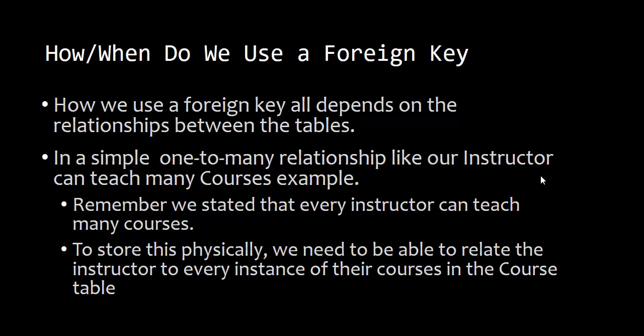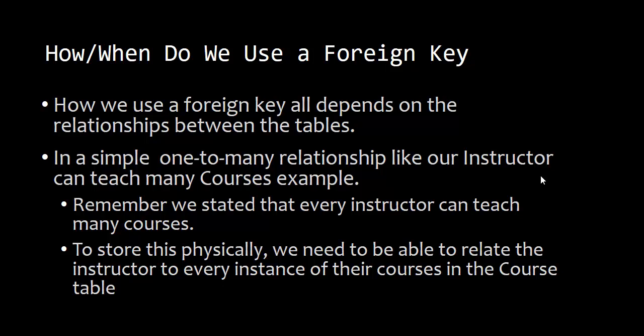Based upon those relationships is how we instill our foreign key, okay, and build it physically within our database. For an example, remember that we stated that every instructor can teach many courses in my example that we've been using throughout this semester so far. To store this physically, we need to be able to relate the instructor to every instance of their courses in the course table.